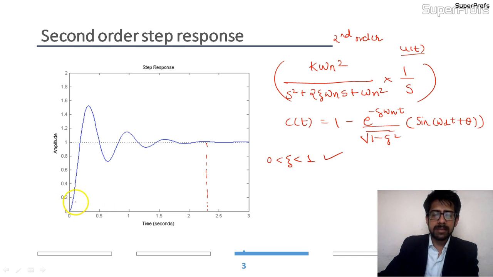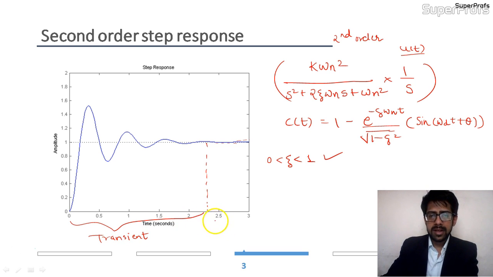It takes some time. It goes above 1, comes back below 1, and then the transients slowly die out to get us to the desired value. So this is how a second order response can be classified into a transient response and later on the steady state response.